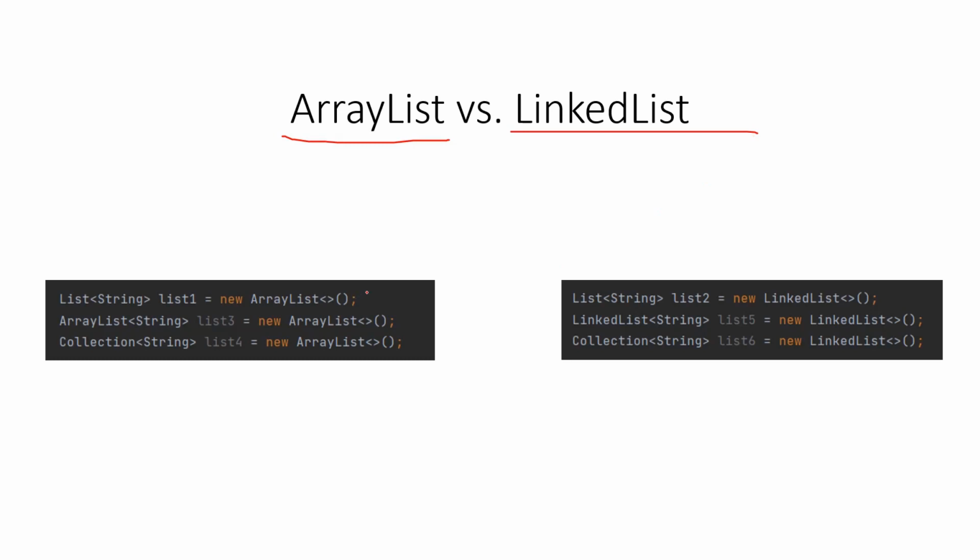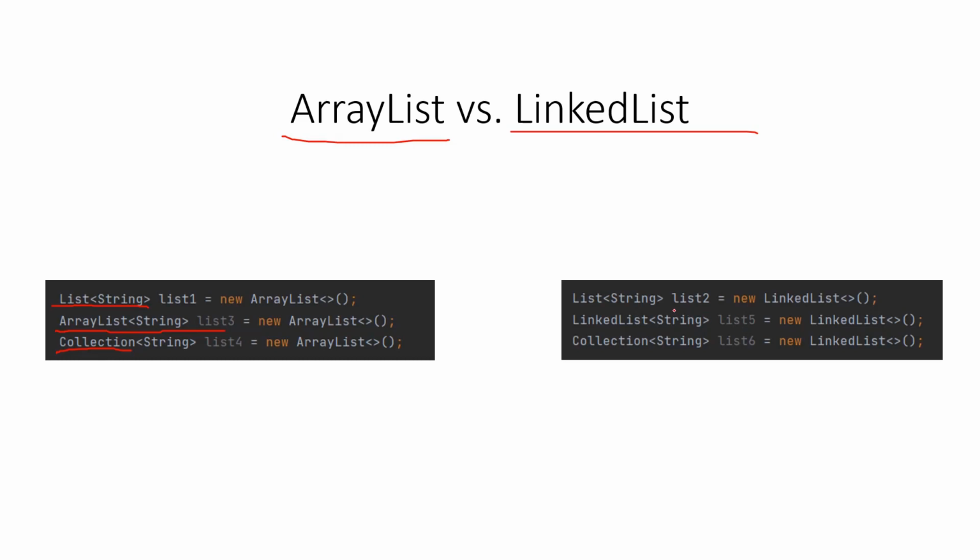Here is the declaration of the array list and linked list. In order to declare an array list or linked list, you have many ways. You can declare it as an object of the list, or you can declare ArrayList as an ArrayList itself, or as an object of the collection.